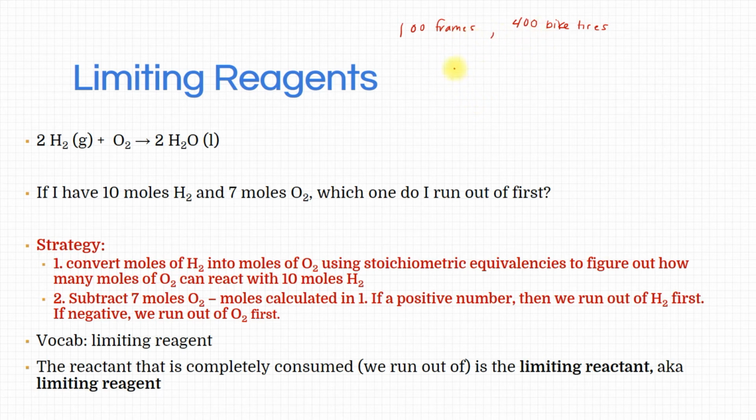Well, we said that there's 400 tires total, and every bike needs 2 tires. So kind of in the same way we've been setting things up, the tires are going to cancel. We get 400 divided by 2, so you could make 200 bikes with that. On the other hand, based on the frames, you only need 1 frame for every bike.